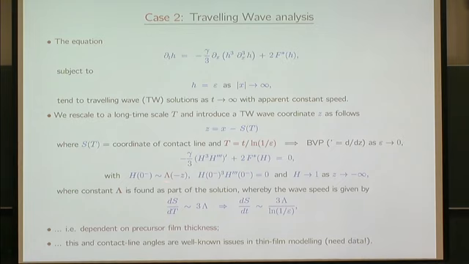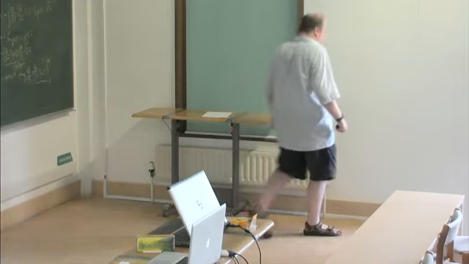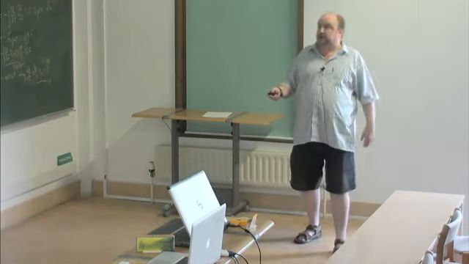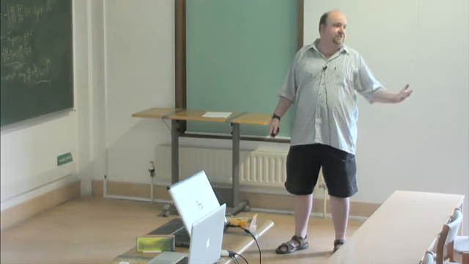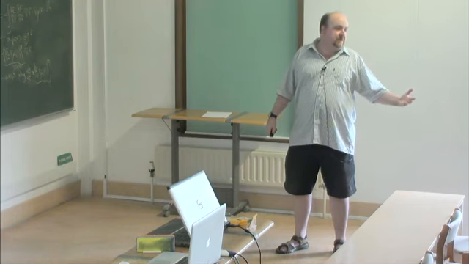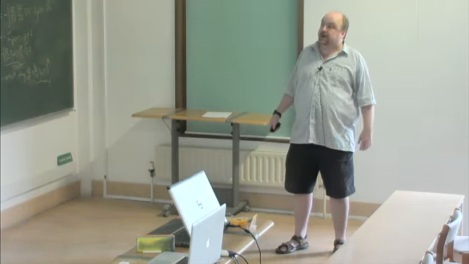And it turns out that the growth rate is 3 times this value, which when you go back into normal time is some constant divided by log 1 over epsilon, much to my disappointment. So the speed is dependent on the precursor film thickness. The precursor film thickness is an artificial introduction. It was something I just imposed just to, you know, do the numerics.